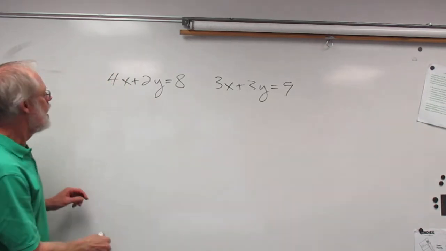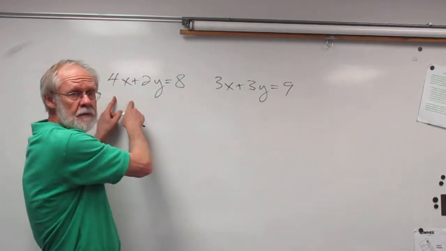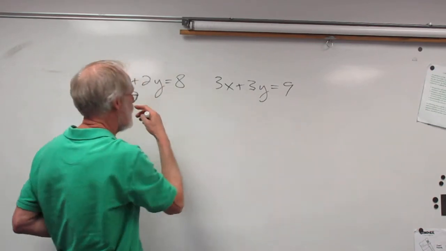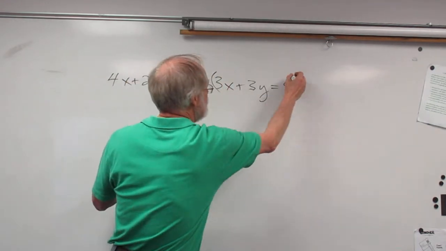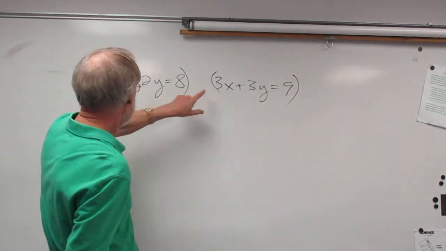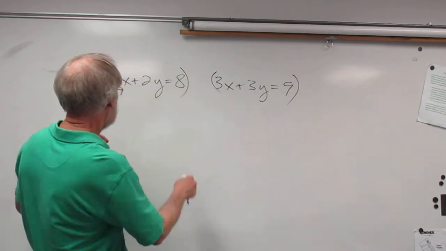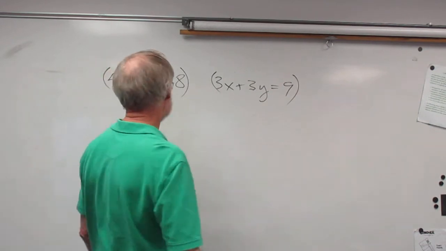Now, in this case, we don't have the same number of x's and we don't have the same number of y's. We also are going to have to do something to both equations because 3 and 4, one is not a multiple of the other, and 2 and 3, one is not a multiple of the other.